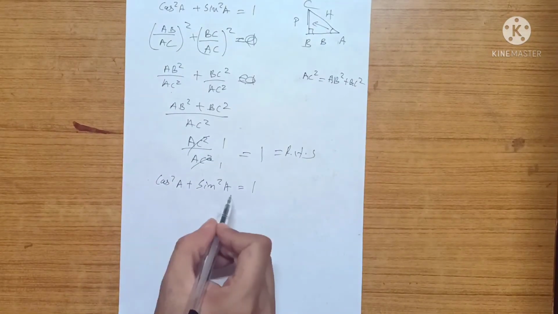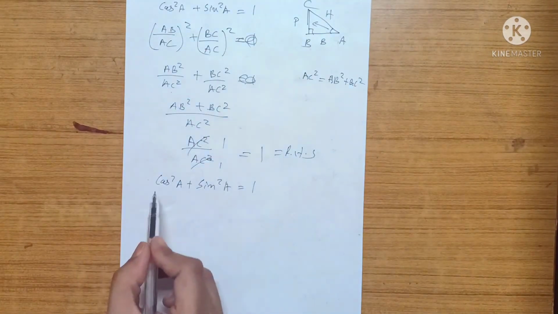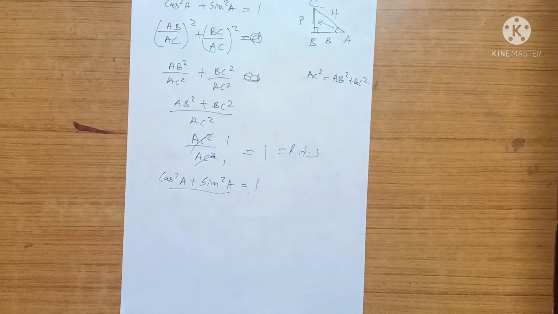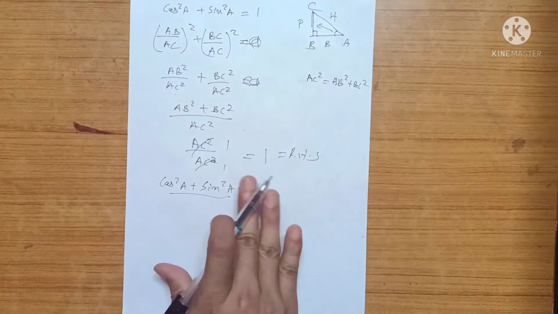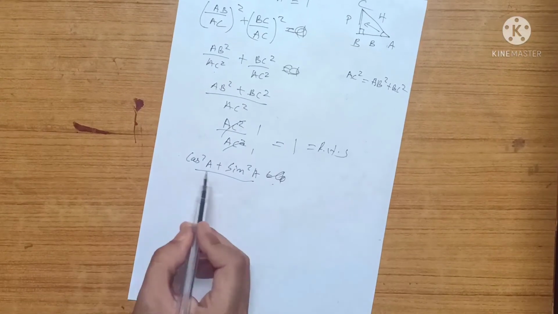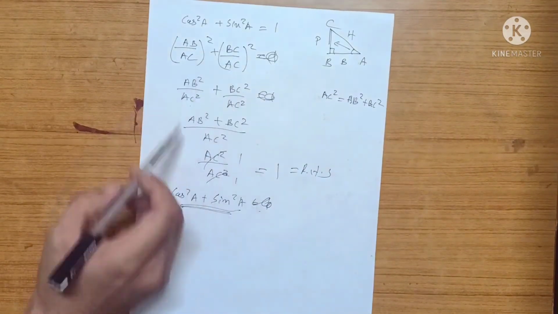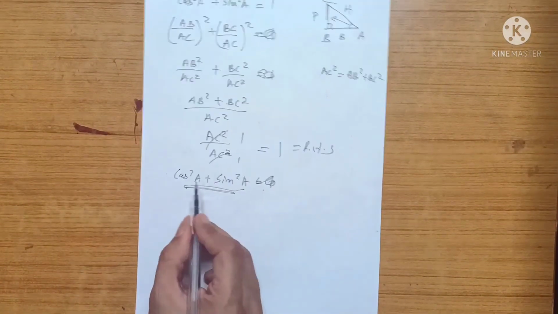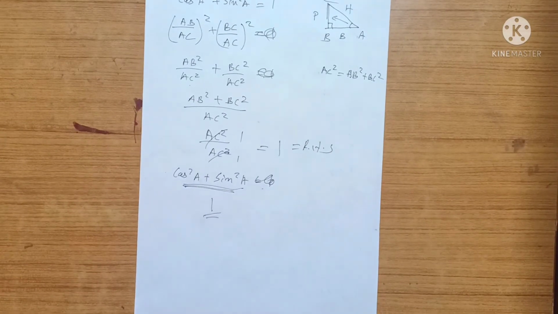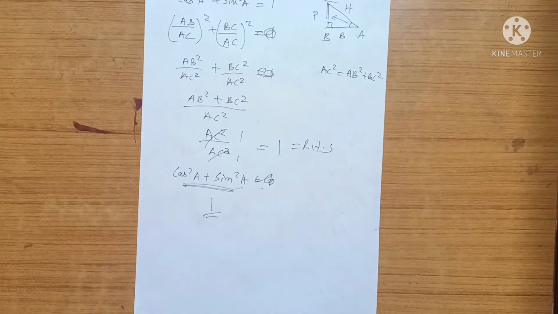Next time you see cos square plus sine square, you don't have to do all of this. You just directly put 1 instead. Instead of doing the long method, you just put sine square plus cos square as 1. It is a shortcut formula.